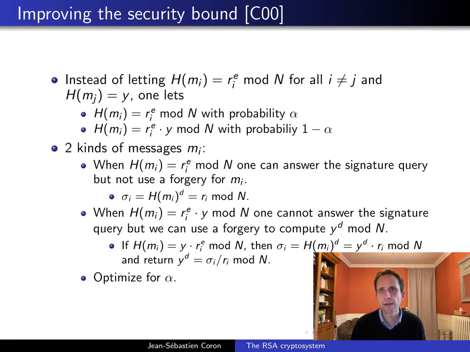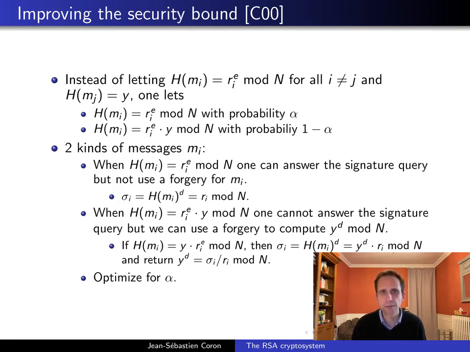The challenge y, in the original security proof, is embedded inside the hash function only once. We are going to use it more often. It works as follows.